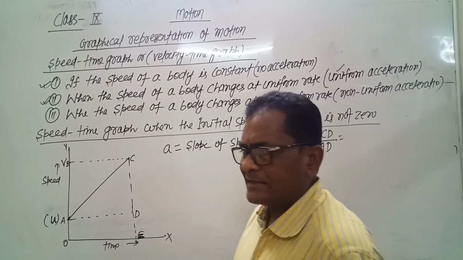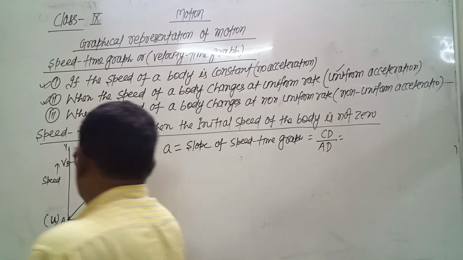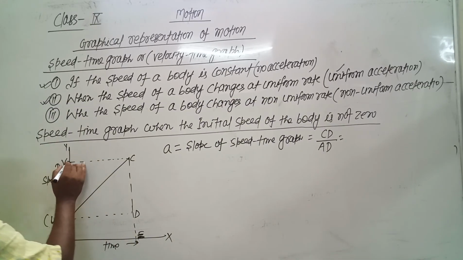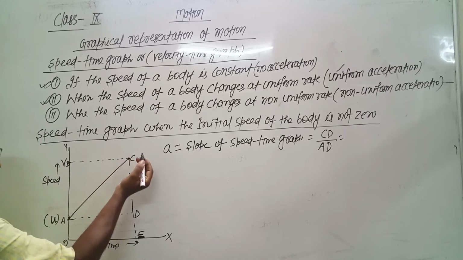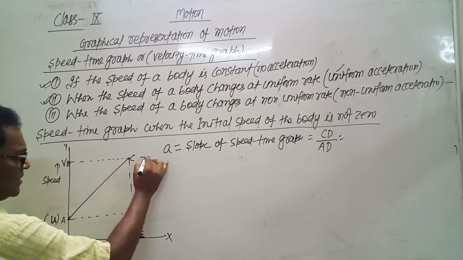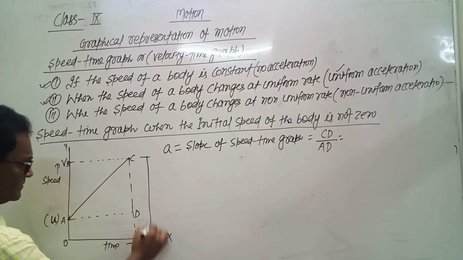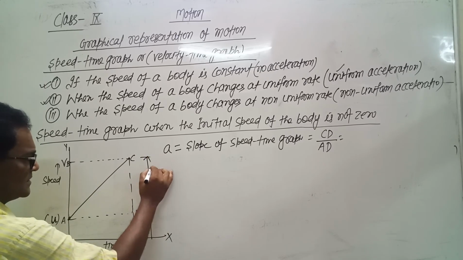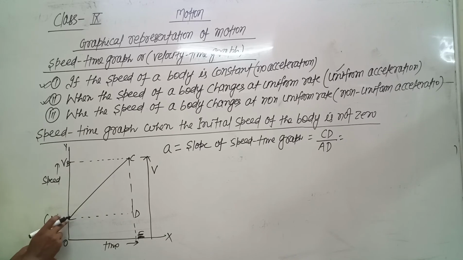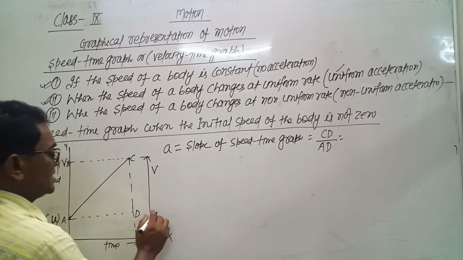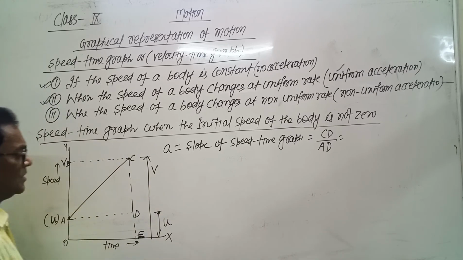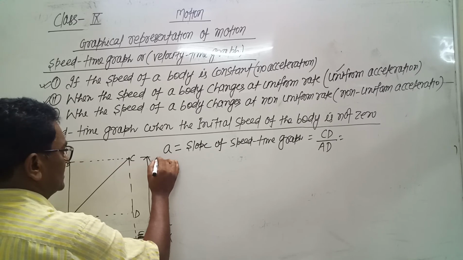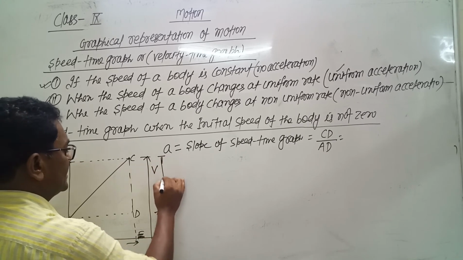Now we will calculate CD. At point C, the final velocity is v. At point A, the initial velocity is u. So at point D, the initial velocity will be u.